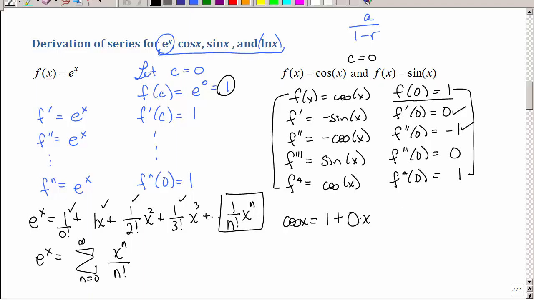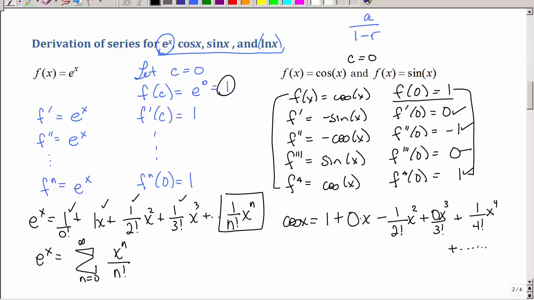Then, plus our second derivative, well, that's going to be minus 1 over 2 factorial times x squared. And then we're going to have 0 x cubed over 3 factorial. And then we'll have plus 1 x to the 4th over 4 factorial, and we would keep going.